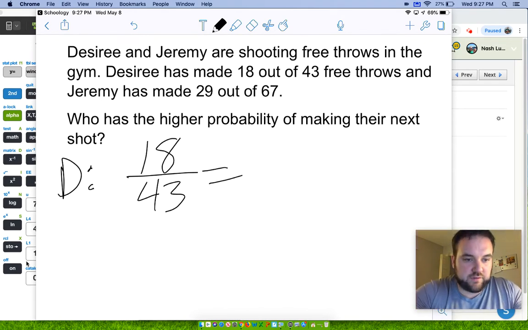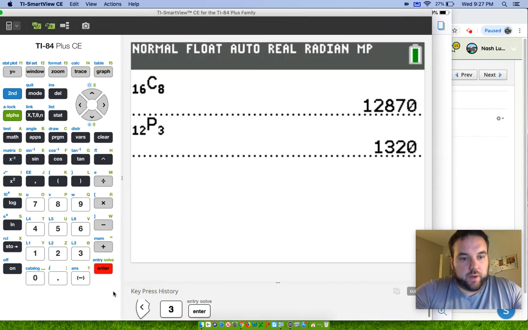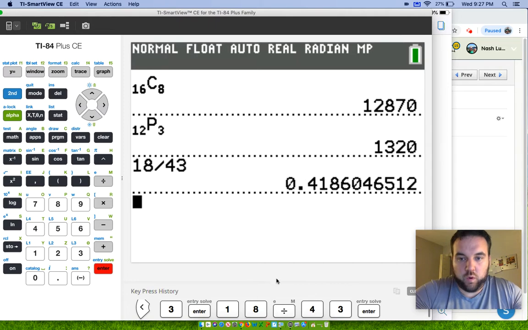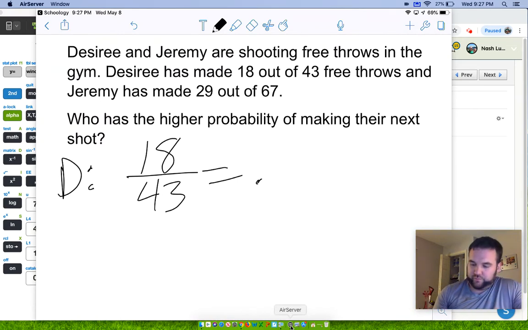Now, fractions are tough to compare, but decimals aren't. So we're going to go to the calculator, and we're going to say 18 divided by 43 is 0.418, which we could then write, if we wanted to, 0.418.